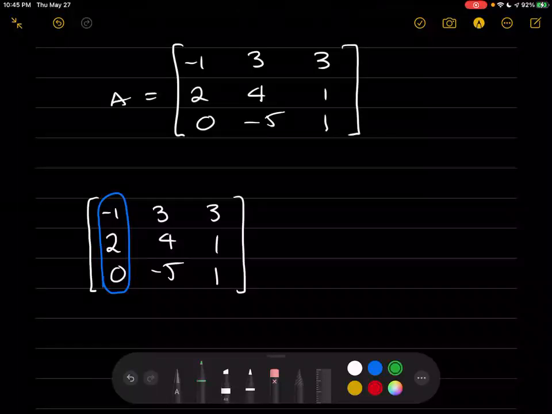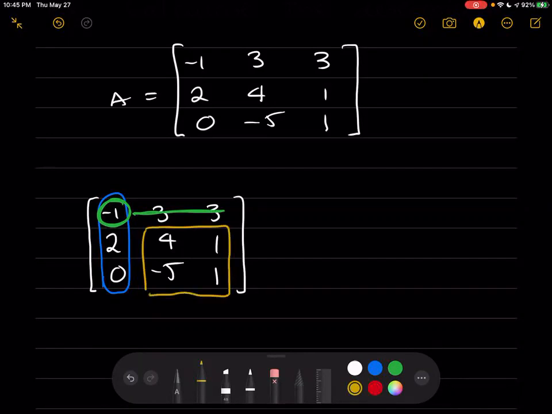So we're going to start off by focusing on the top row, and we're going to cancel it out. And we want to calculate the determinant of what's left. So that stuff in the yellow box. So that'll be 4 times 1 minus 1 times -5. And we're going to take that and multiply it by the thing in the green circle, that header there. So it's going to be a -1.